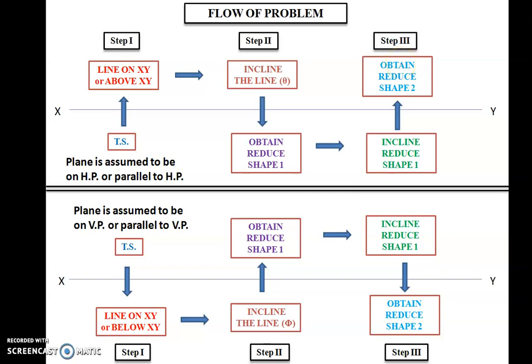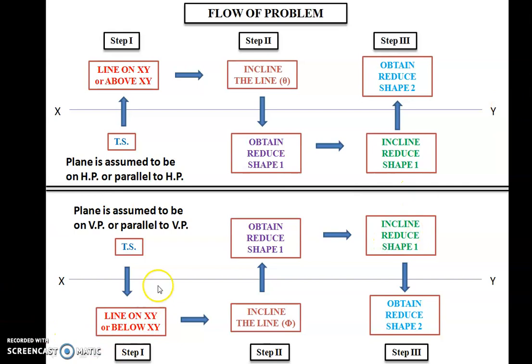When we will see the problem, you will get the things. Okay, so let us again understand the flow, that the plane is on HP or parallel to HP. So true shape, line, incline, got the reduced shape 1, incline reduced shape 1, get the reduced shape 2. So this will be the flow 1.